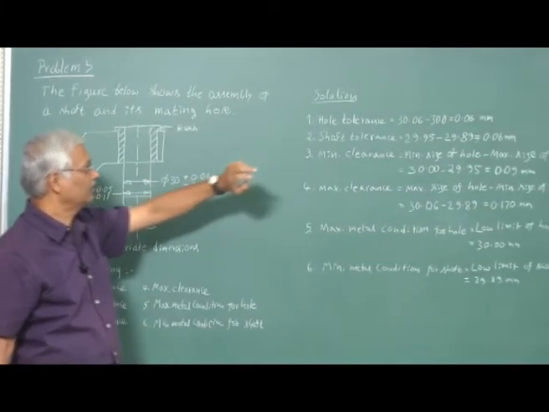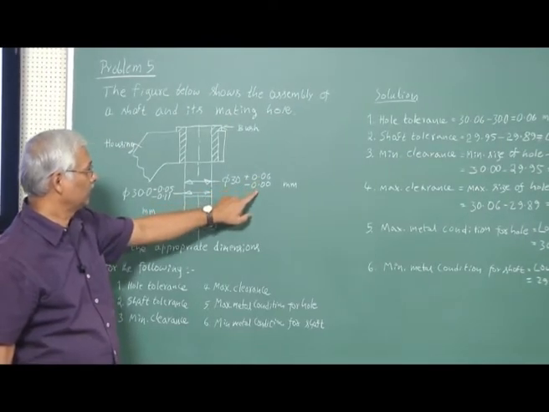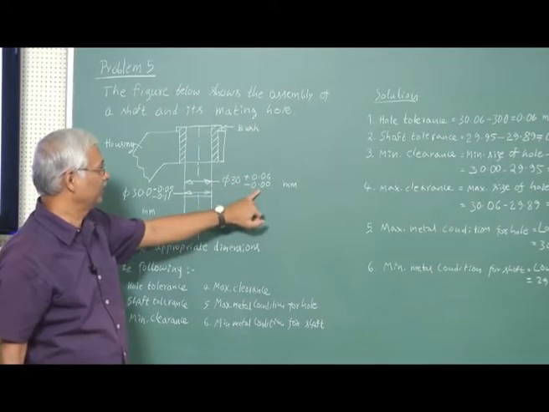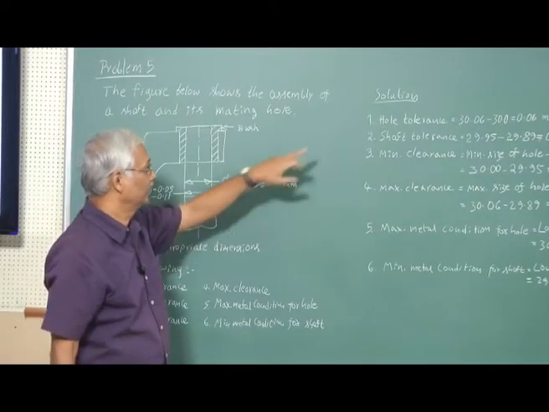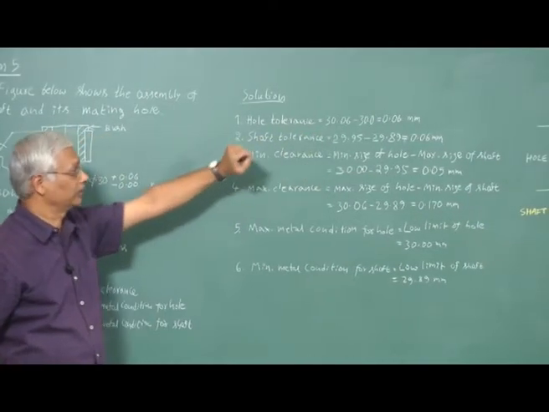Hole tolerance is the difference between these two, that is 30.06 millimeter minus 30 millimeter will give us the hole tolerance of 0.06 millimeter.